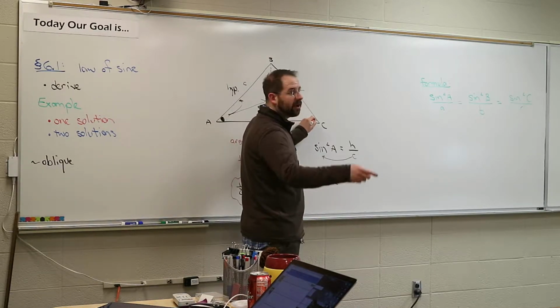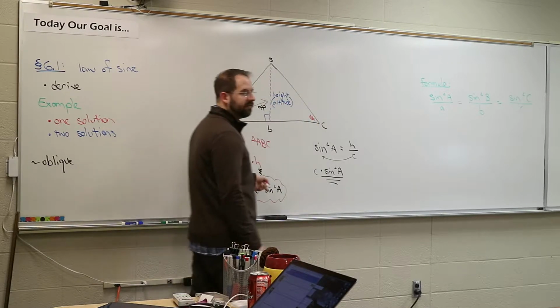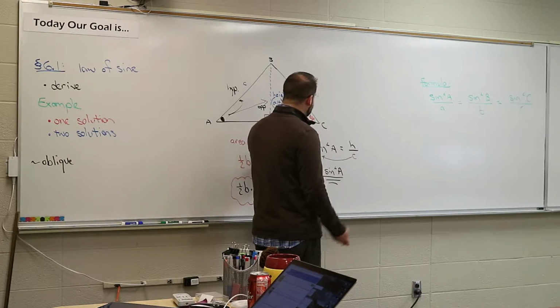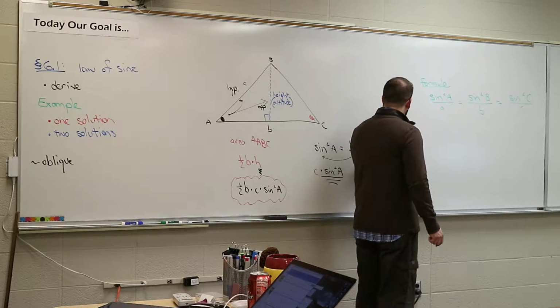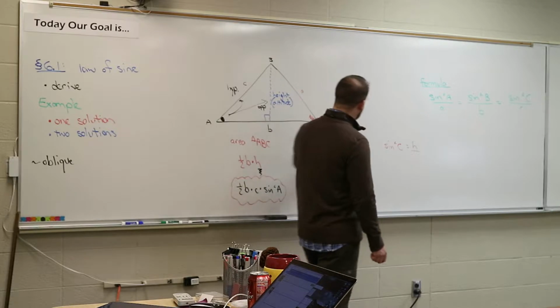So if I picked a different angle, let's say I picked angle C instead, not angle A, to figure it out, you'd have to do the height times the base cut in half. But if you pick angle C instead, sine of angle C is the height over its opposite wall, which is little a.